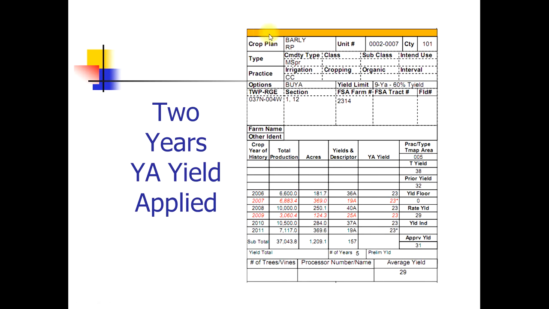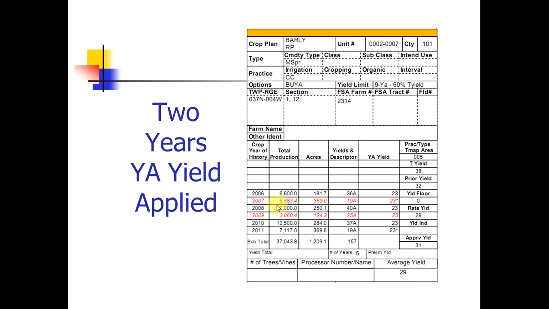You'll get sheets every fall that shows you all of your history on your farm. This shows this is barley. It's malting type spring barley, where it says M spring. This is unit 207, and the practice is CC, which is recrop. So if we look on this line, it shows you this unit pertains to sections 1 and 12, 37 north, 4 west. And then here's all our years of history that we actually grew recrop barley in this unit.